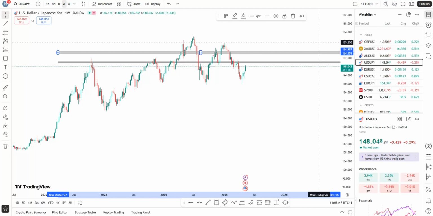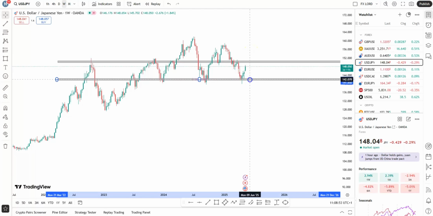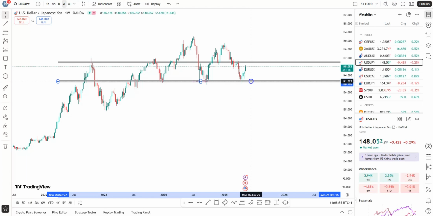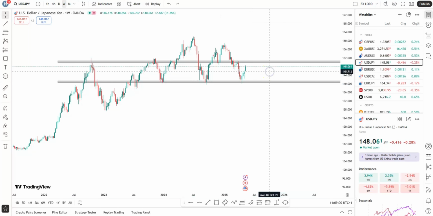Okay, so I'm just going to take this to another most feasible area I can see. I can see something happening here. Something has been happening here, multiple touches here and there. So how to spot these areas: you draw your support and resistance at the areas where multiple touches have happened.